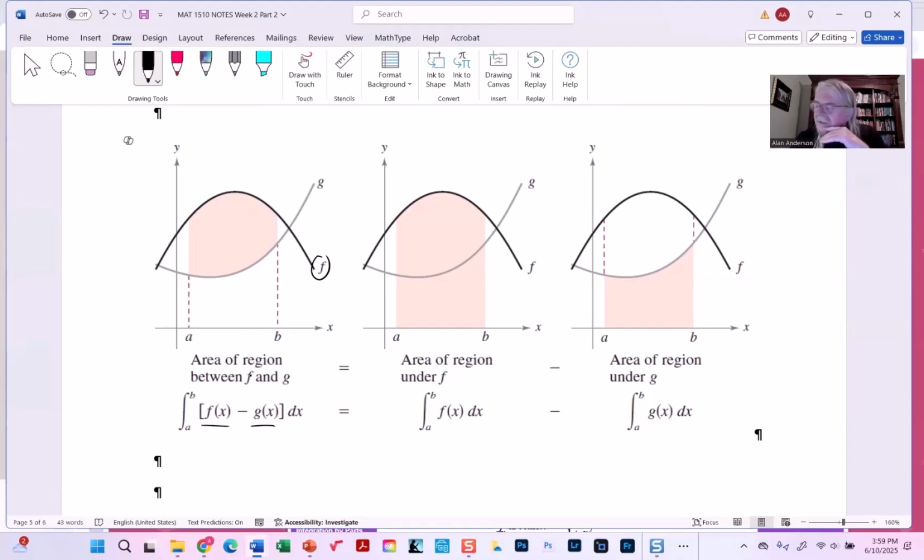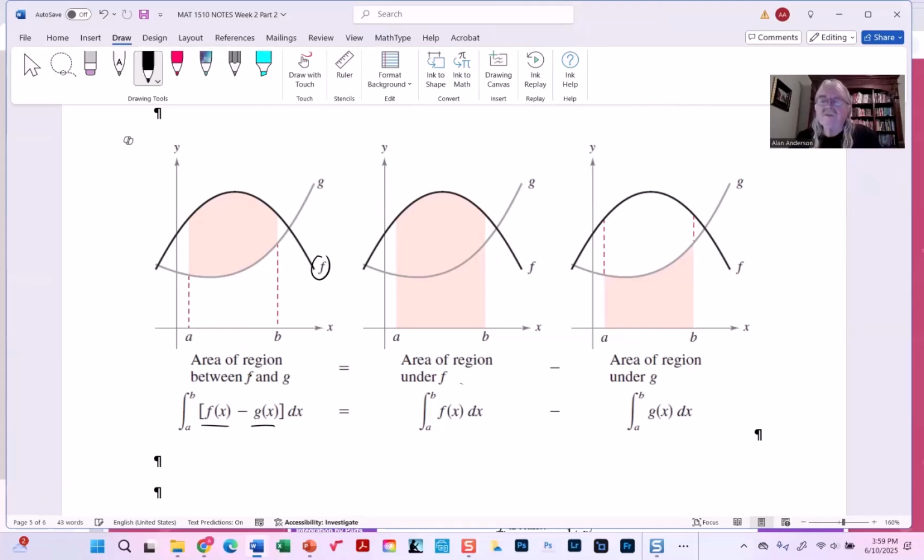Now here they're showing us that the area under g, as you can probably guess, is equal to the integral from g of x down to the horizontal axis, which would be g of x dx. And finally, what they're showing you here is that by taking the entire area and subtracting the area under g, what's left is the area between f and g.